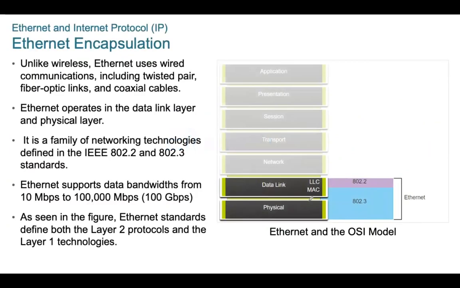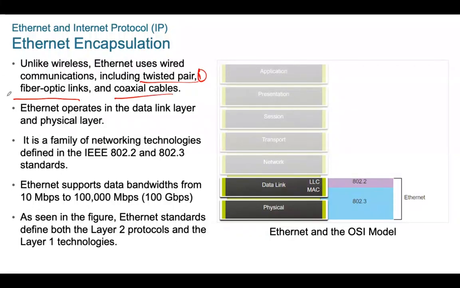Ethernet is the first one, the lower layer network address. So Ethernet encapsulation or Ethernet addressing, unlike wireless, uses wired communication that includes twisted pair, fiber optics links and coaxial cables.